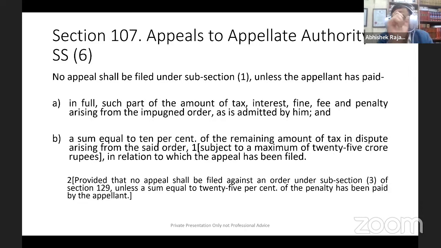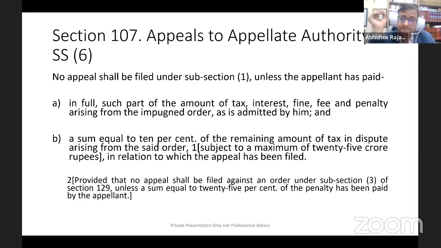So whatever is the disputed amount, you have to pay 10% of the disputed amount as pre-deposit. But whatever is the admitted tax, you have to pay 100% of it.